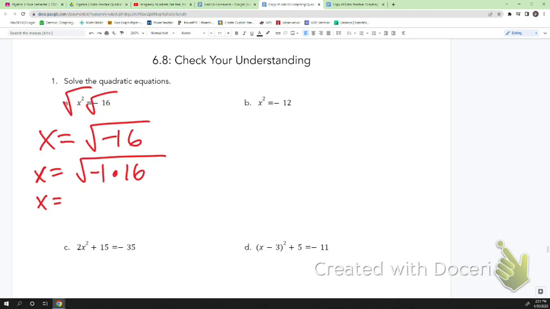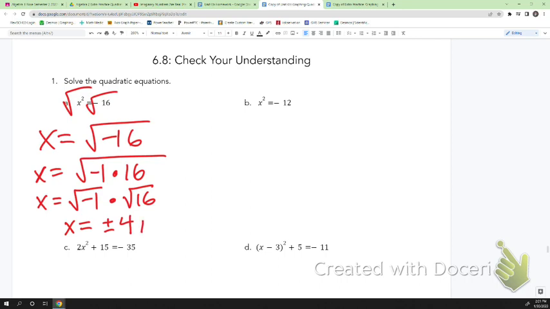The square root of negative 1 times the square root of 16. Is the square root of 16 a nice root? What are my options for the square root of 16? 4 or negative 4. And the square root of negative 1 is i. So my answer is plus or minus 4i.